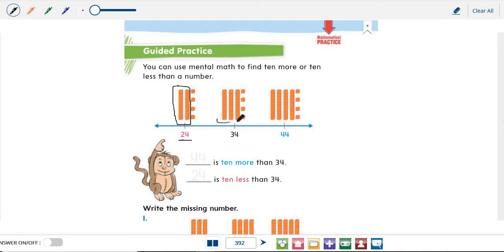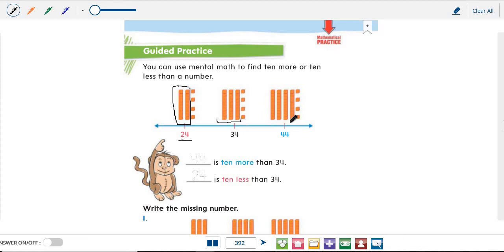Here we have 3 tens, so we use 3 rods. Look at these two models. Number 24 has only 2 rods, and 4 ones. The next number has 3 rods, 1 more rod of tens, and the same number of ones.